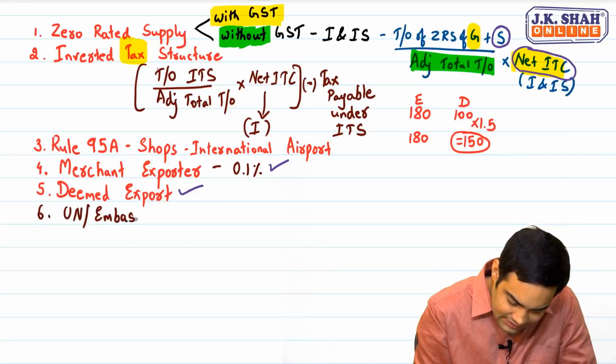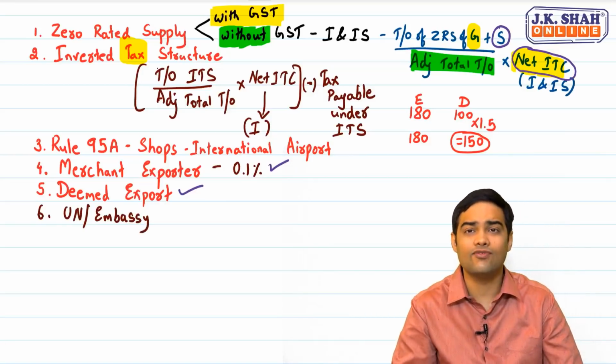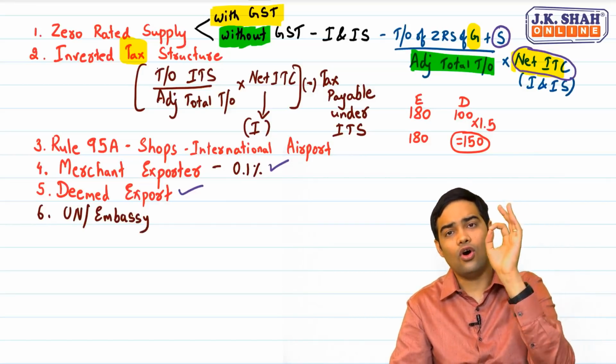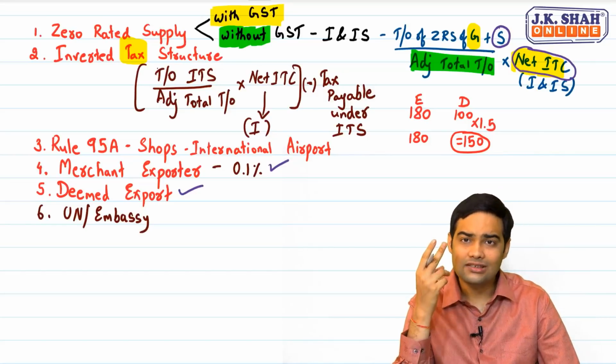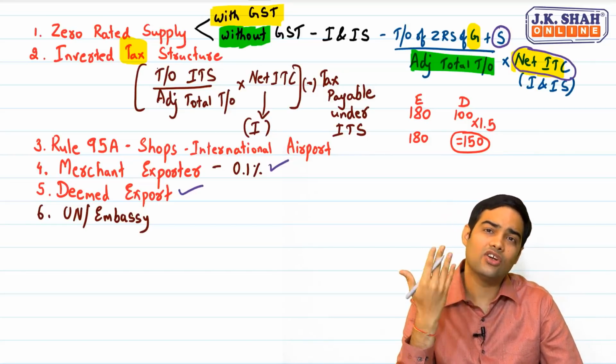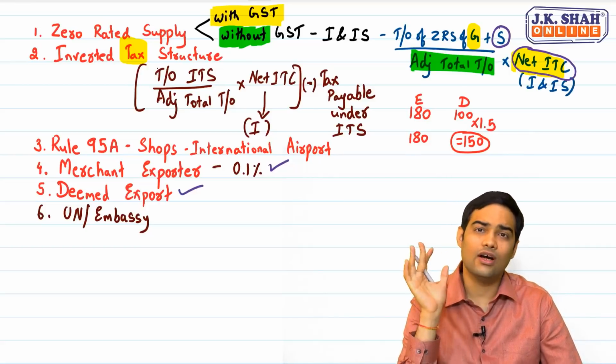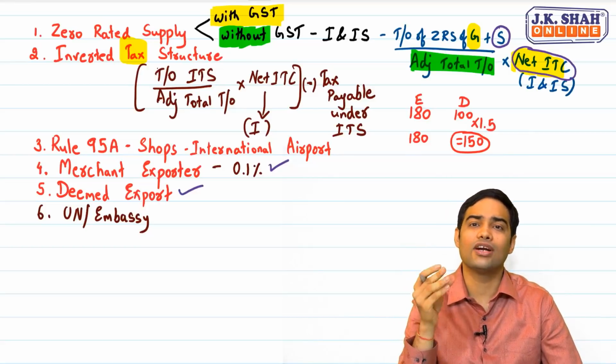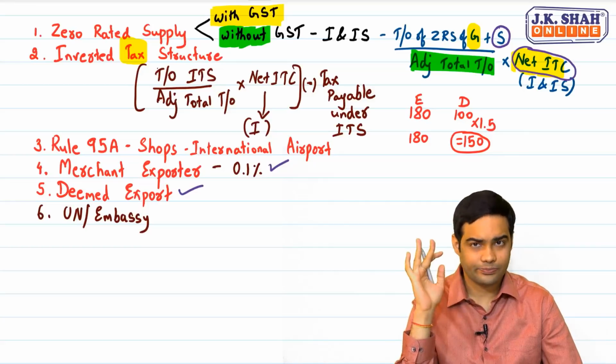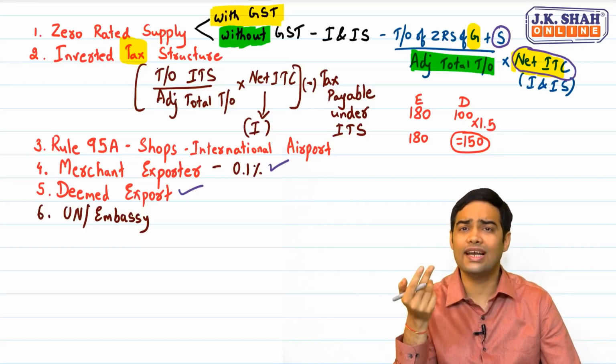Fine. The next transaction is, now we are coming to simple transactions. UN or embassy. Hey, can a UN or embassy claim refund? Yes. See, for all the cases, the time limit is 2 years. And for zero rated supply, 2 years if you are claiming without GST, meaning you are claiming refund of tax paid on purchases, unutilized ITC.